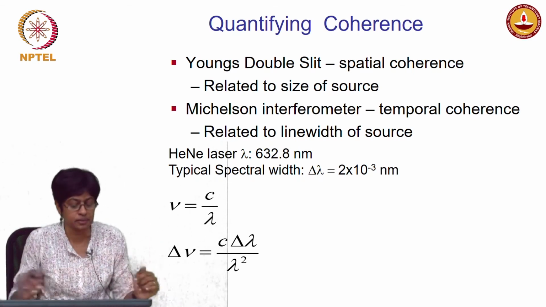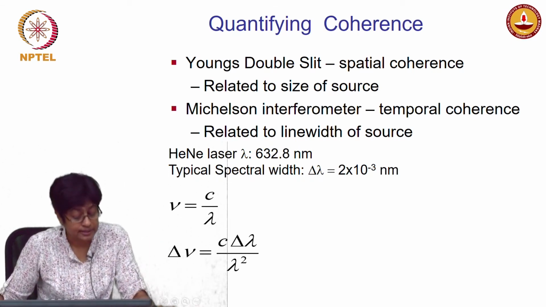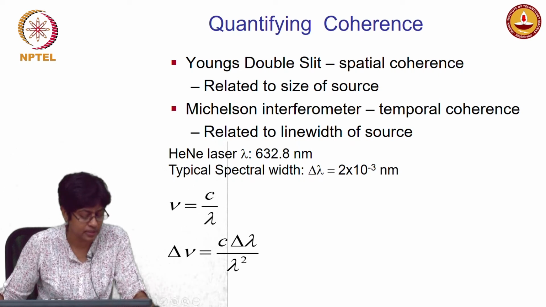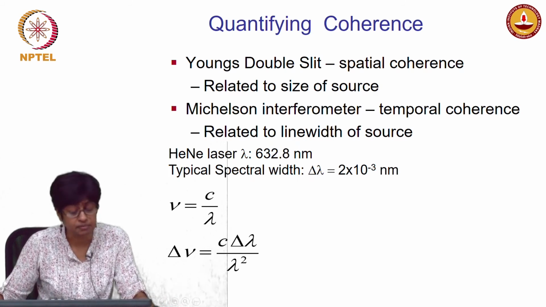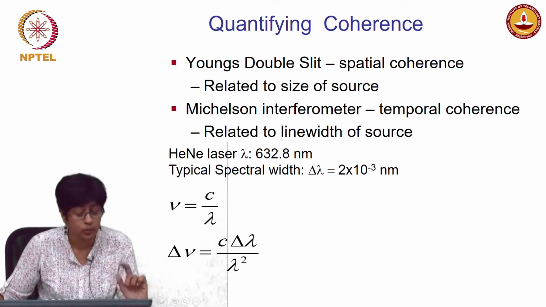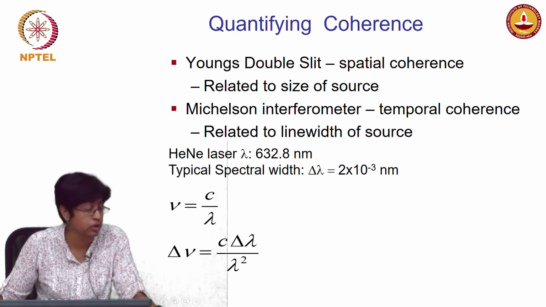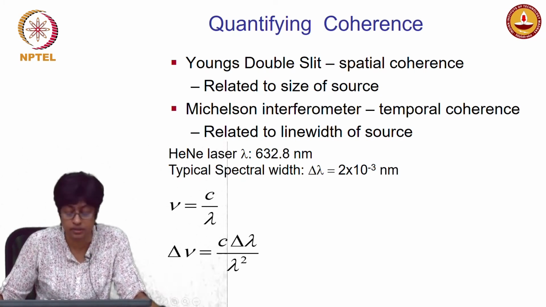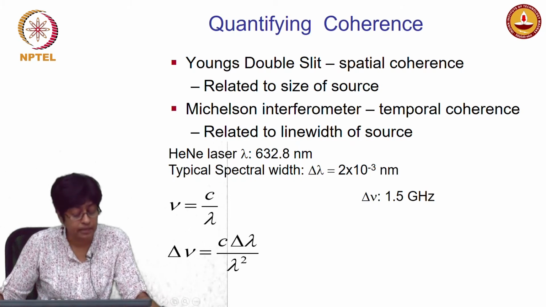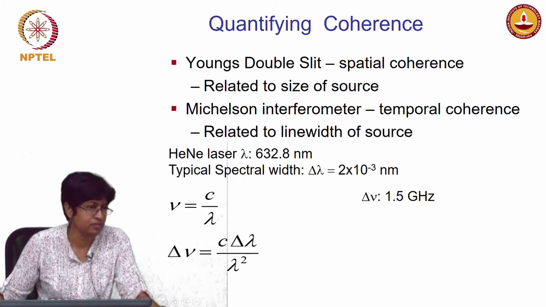So I've done nothing but a derivation of nu is equal to c by lambda. Now for lambda 632 nanometers and delta lambda on the order of 10 power minus 3 nanometers, you can calculate delta nu is 1.5 gigahertz.